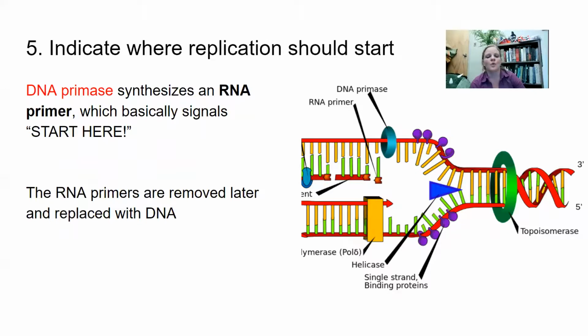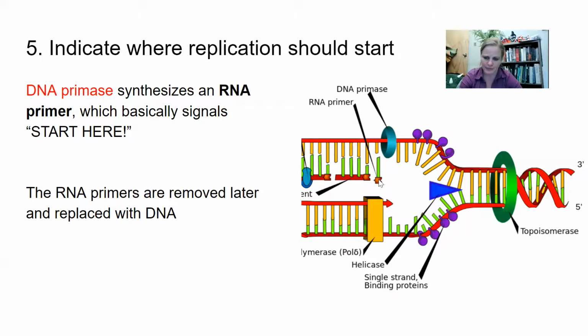Okay, so how do we know where to start copying? Well, that's where our primase comes in. This is an RNA primer, and it basically signals start here. In order for the polymerase to latch on, it has to have something to latch on to, and that's why we have an RNA primer that docks on first.